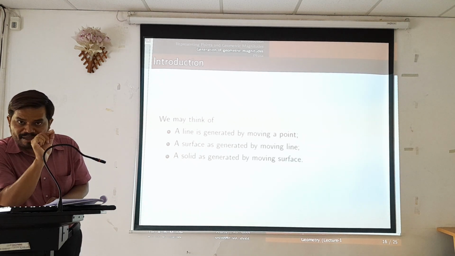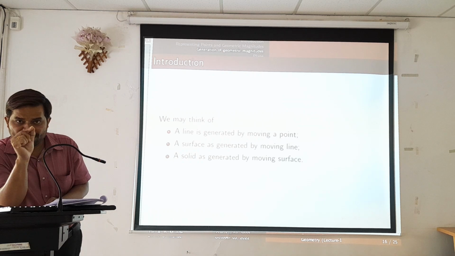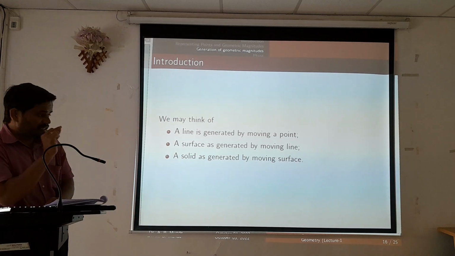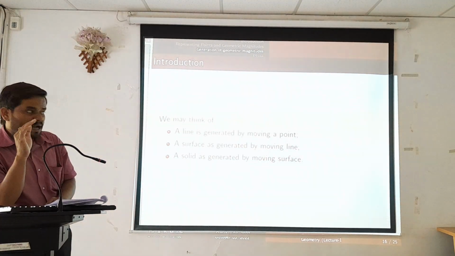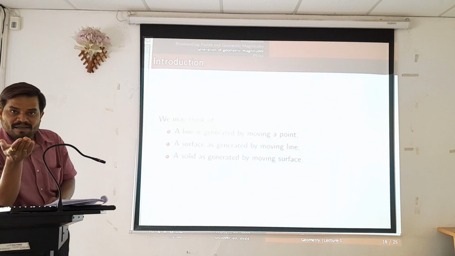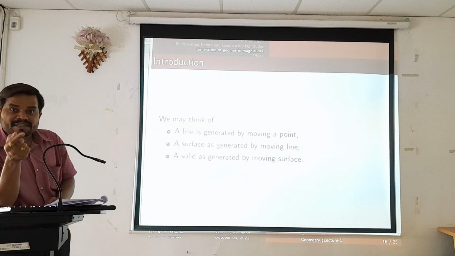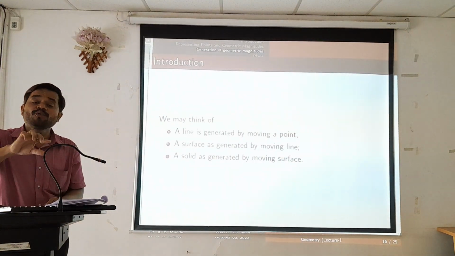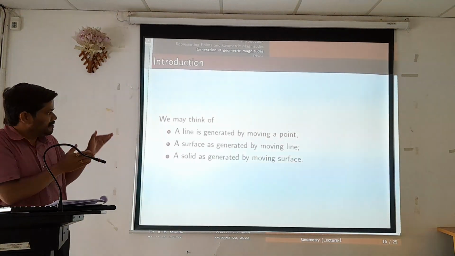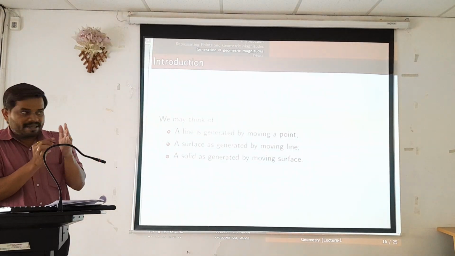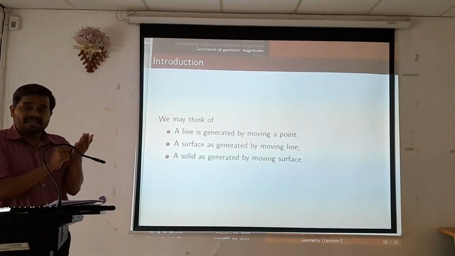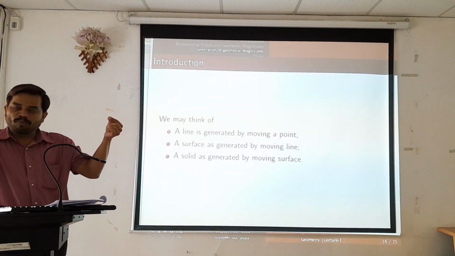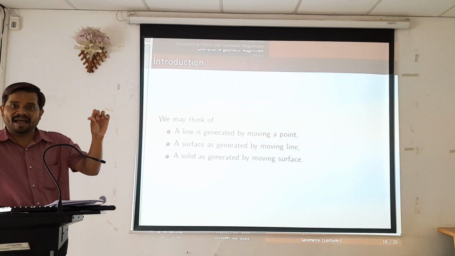Do you understand? A line is generated by moving a point. Then you can think about a surface as generated by moving a line. And next you can think about a solid as generated by moving a surface. तर हे 3 पॉइंट्स तुम्ही व्यवस्थित लक्षात ठेवा की आपण लाईन कशा पद्धतीनं ड्रॉ करतो किंवा कशा पद्धतीनं फॉर्म होते. तर एक पॉइंट दुसऱ्या पॉइंट पर्यंत जर मूव्ह केला वी गेट अ लाईन.